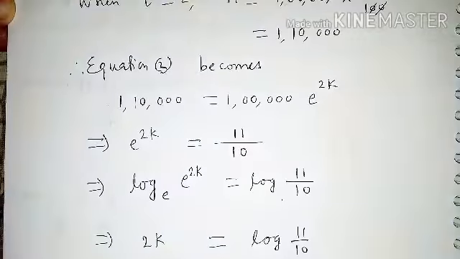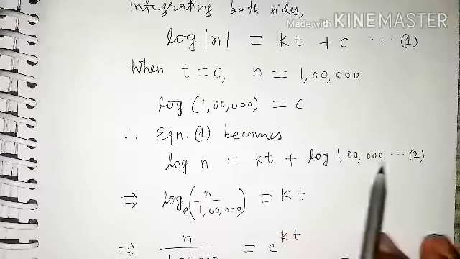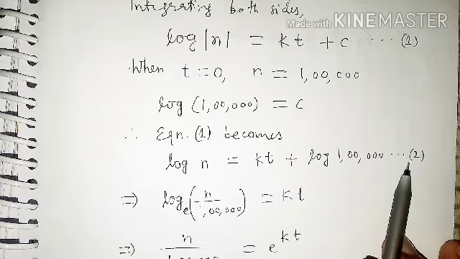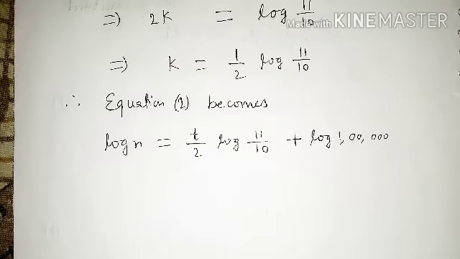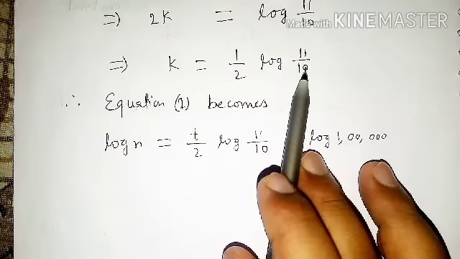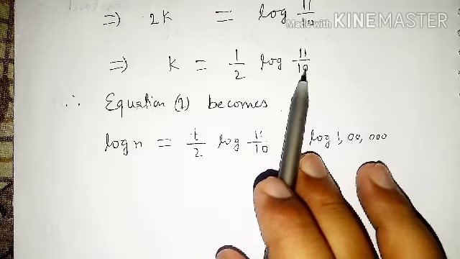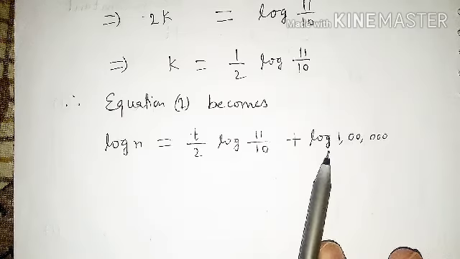This will be equation 3 and this will be equation 2. We have to put the value of k here. Equation 2 was log n is equal to kt. K is 1 by 2 log 11 by 10. So log n is equal to t by 2 log 11 by 10 plus log 1 lakh.